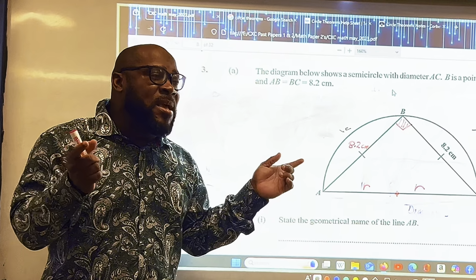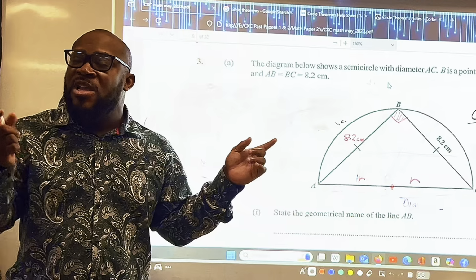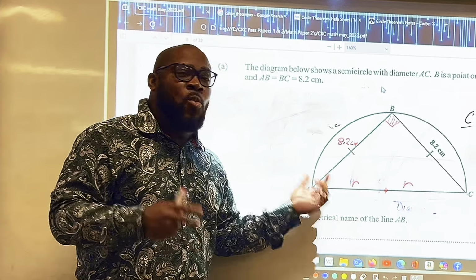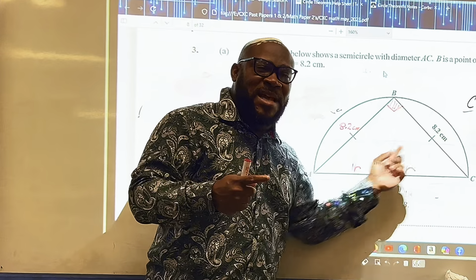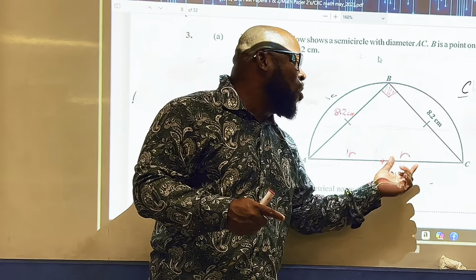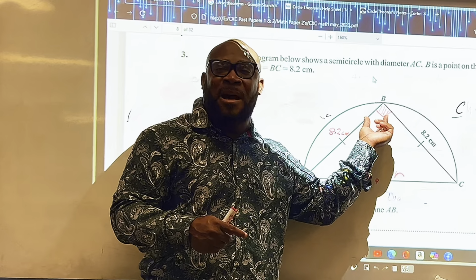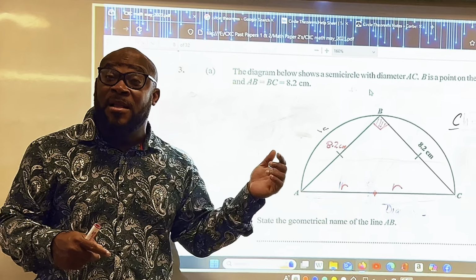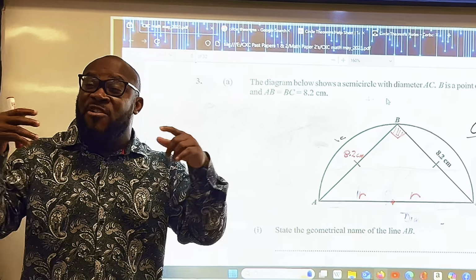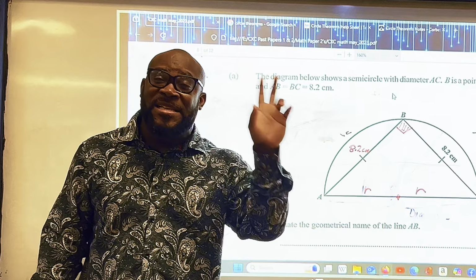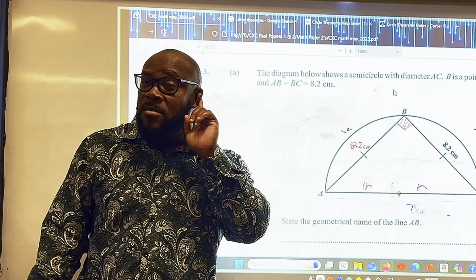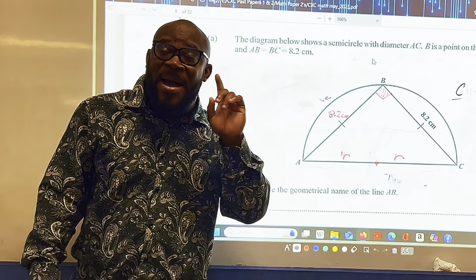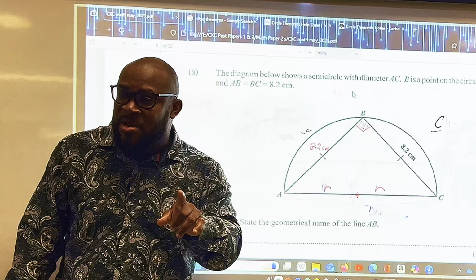Very good. What are we saying here, guys? The triangle has two names now. It's an isosceles. Why is it isosceles? Two sides are equal, which means two angles are equal. But also we just found out that the angle at the top is 90. So it is also a right angle triangle. And whenever we have a right angle triangle, two processes can now work: Pythagoras or trigonometry.